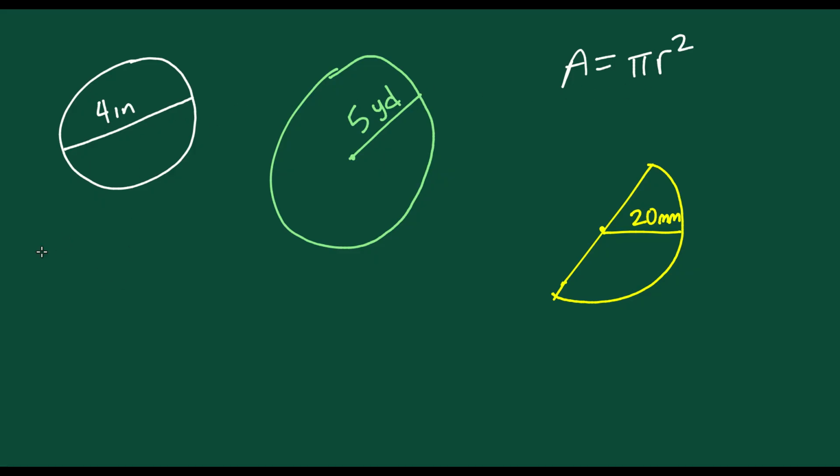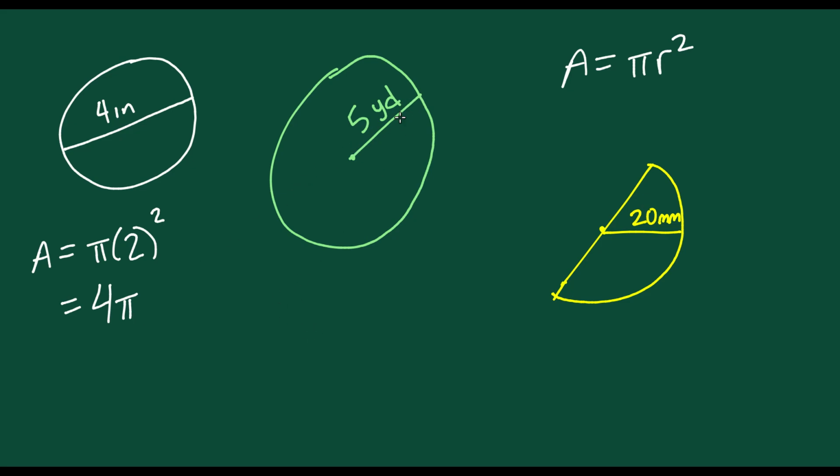So the area of this circle would be pi times 2 squared, which is 4 pi. You could keep going from this, like 4 times 3.14, or 4 times 22/7 if you wanted to. But 4 pi.